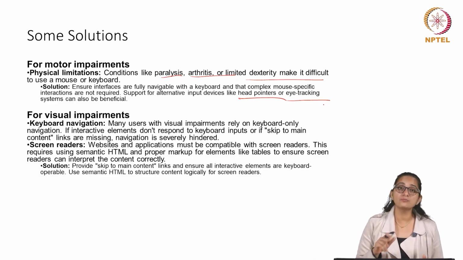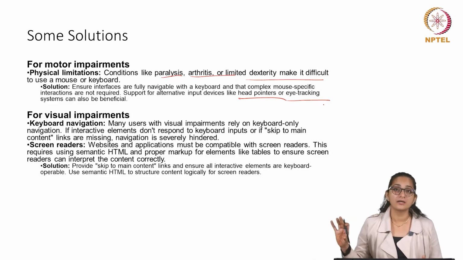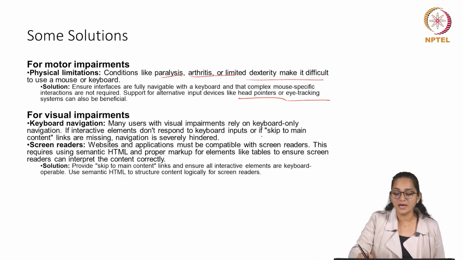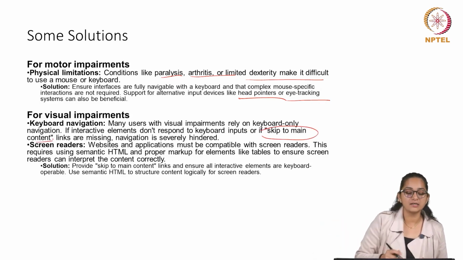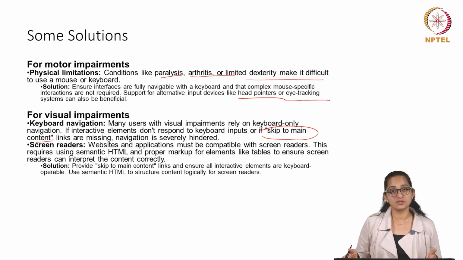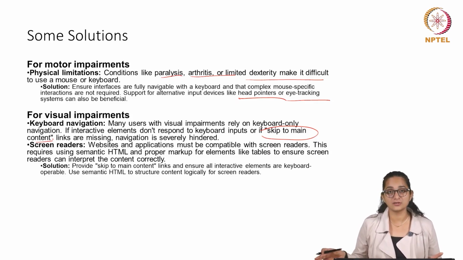So, every time you open a page, that dashboard will get read every time. So, having skip to main content links is very important, because if you are using a keyboard, it by definition becomes a sequential interaction.